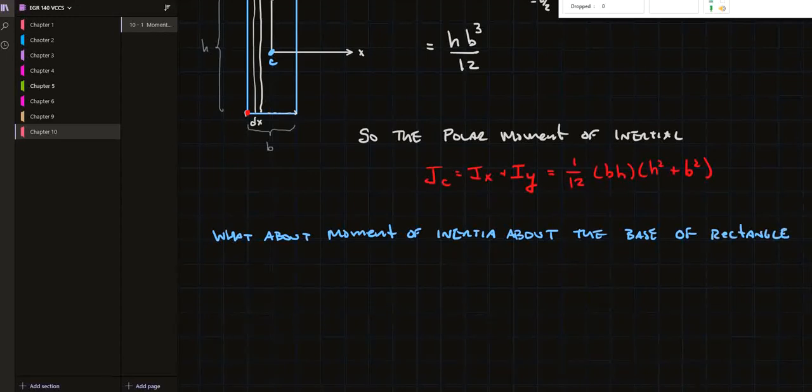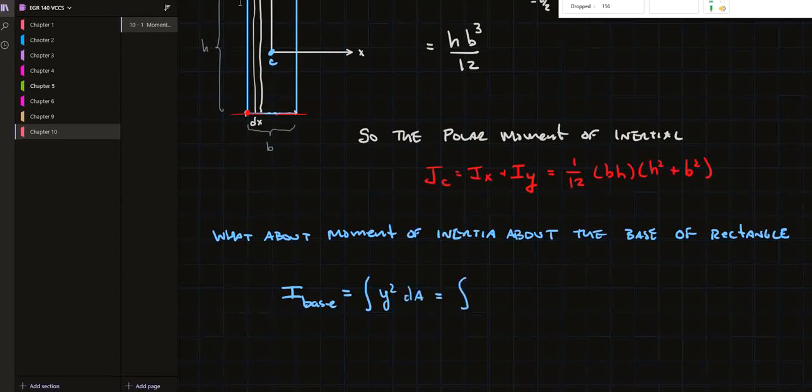So moment of inertia about this. Well, we can calculate that too. I about the base equals the integral of y squared dA equals.